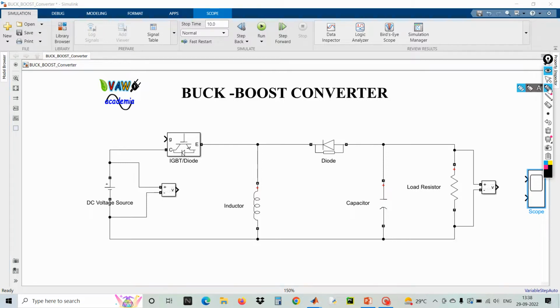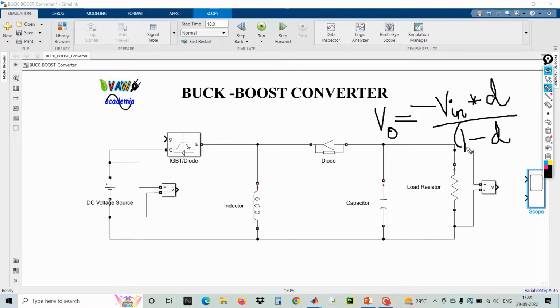If you look at the input output relationship of buck boost converter, I will write it here. Output voltage is equal to minus V in, that is minus of negative of input voltage into duty value d divided by 1 minus d.